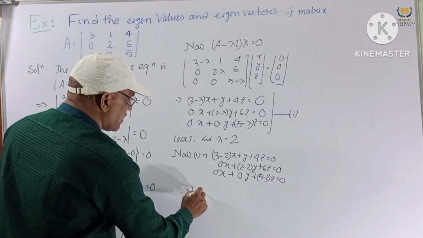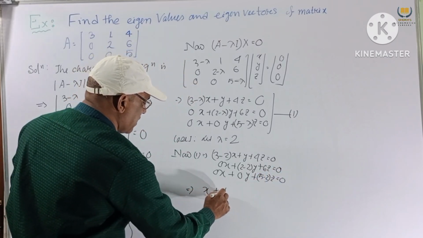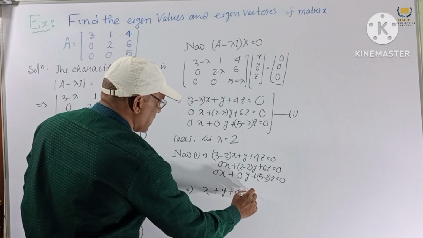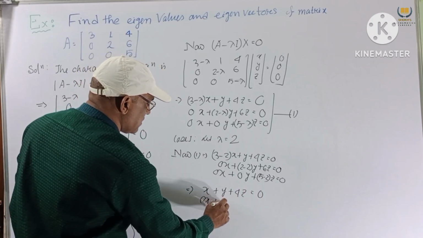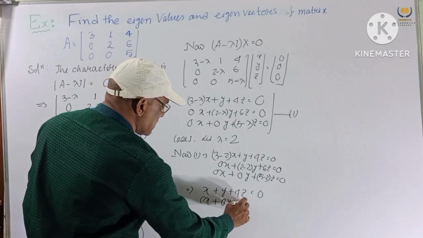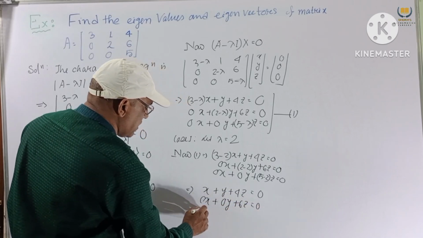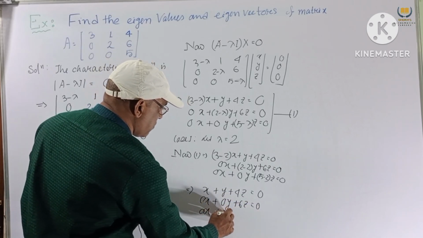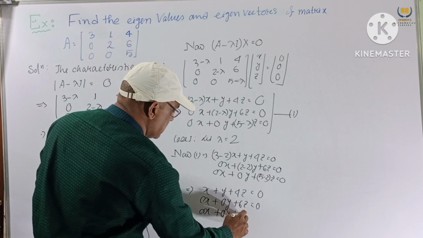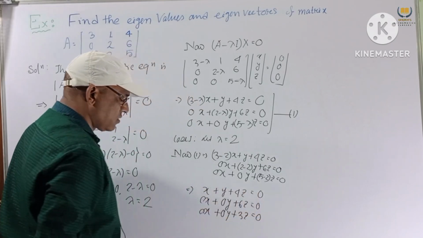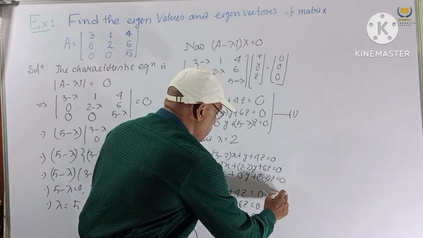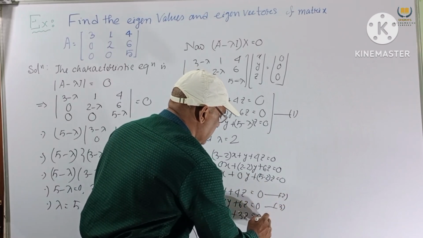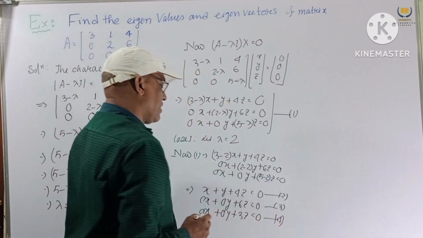Or x plus y plus 4z equal to 0, 0x plus 0y plus 6z equal to 0, and 0x plus 0y plus 3z equal to 0. This is number 2, 3, and 4.